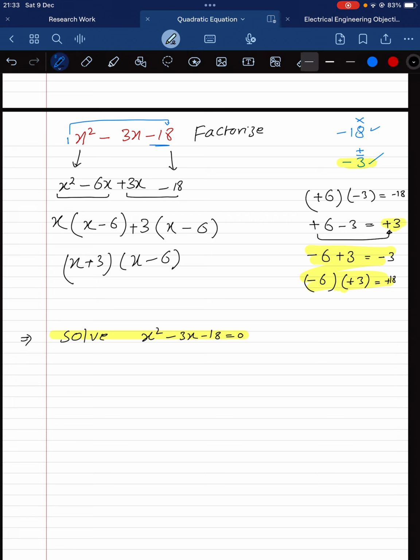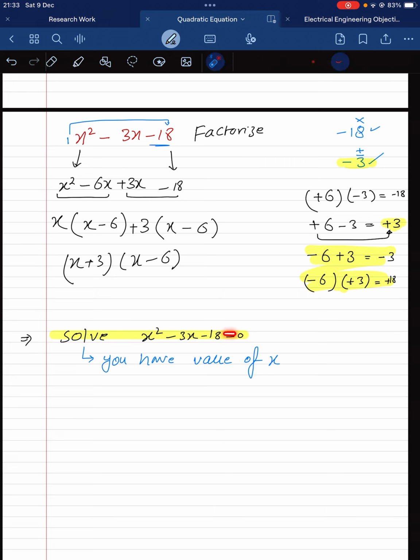Whenever you see the word solve in any equation, it means you have to find the value of x. They may ask you to factorize it, but whenever you have the sign of equal to 0, then you have to find the value of x.